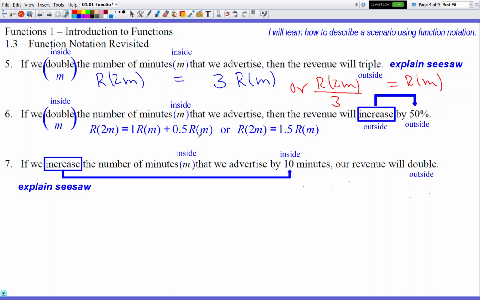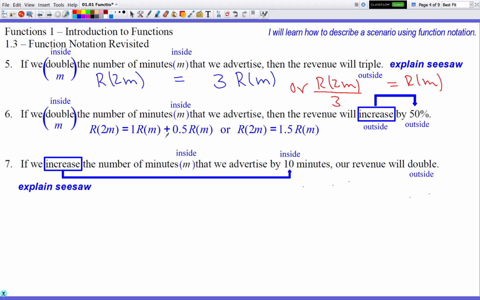So that's basically m. If you were to write it out exactly as the sentence says, you're going to add 0.5 times R of m. You could also write it like this: double the minutes is 1.5 times R of m. So how did I get 1.5? Well, if I look at my previous answer, aren't these two things on the right-hand side like terms, where they have a number in the front?